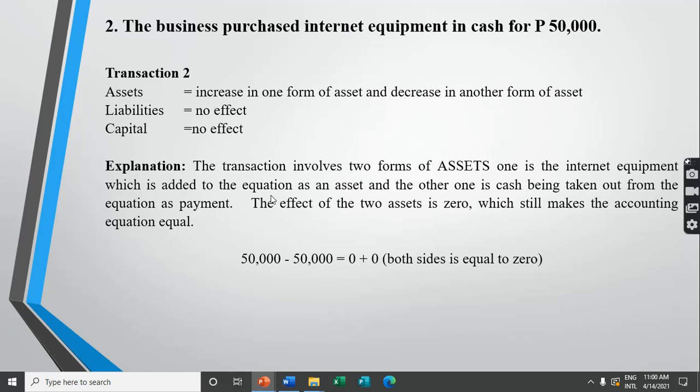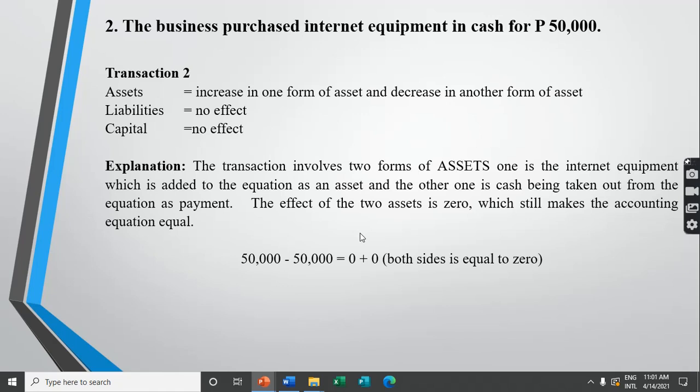So dito, the transaction involves two forms of asset. Ayan, two forms of assets which is the internet equipment and the cash. One is the internet equipment which is added to the equation as an asset. And the other one is cash being taken out from the equation as payment. Okay? The effect of two asset is zero.